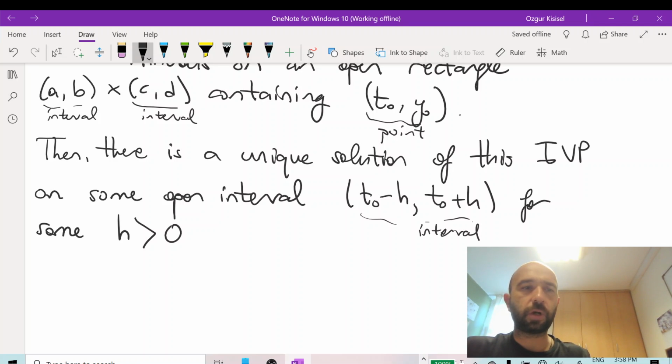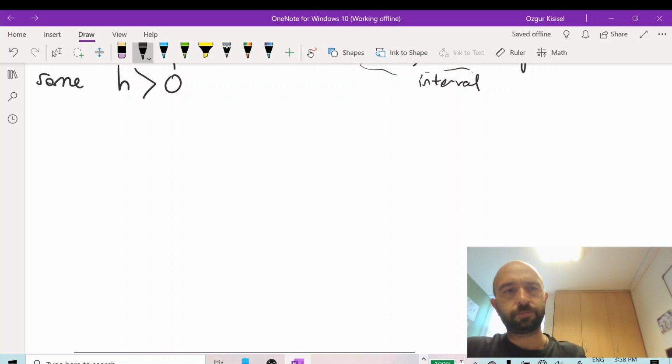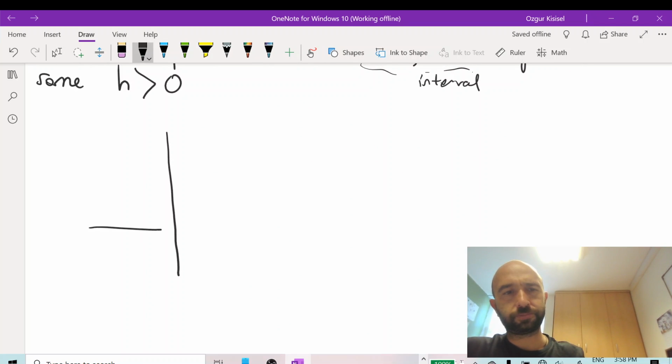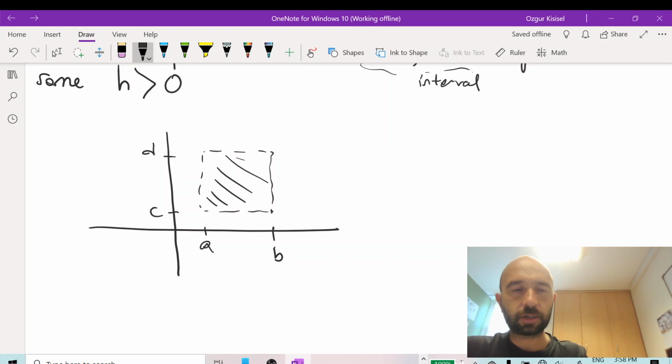Now, I want to draw a picture. Here's how we should think about it. The rectangle is the Cartesian product of (a, b) and (c, d). It's somewhere here.